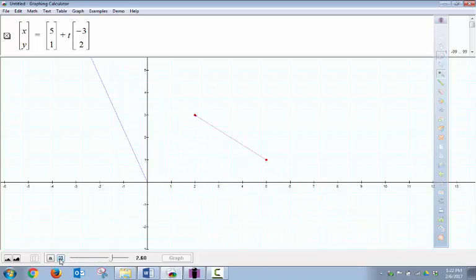In fact, we could change the starting point as well, right? Instead of starting at (5,1), which is what we did, we can start at (2,3), right? And change the direction, and we should still get the same line. Let's see if that'll work.